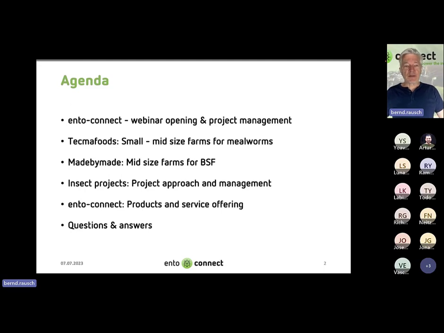In the next step, we will have Jonas from Made by Made, talking about mid-sized farms for BSF. And then we have Yoav from Israel, who is running a consulting business and will talk as well on project approach and project management. And then finally, Arthur Kühl will be talking about our ento-connect product and service offering.